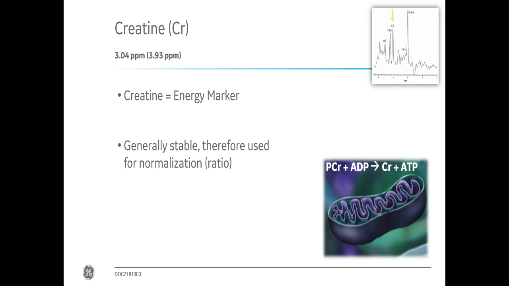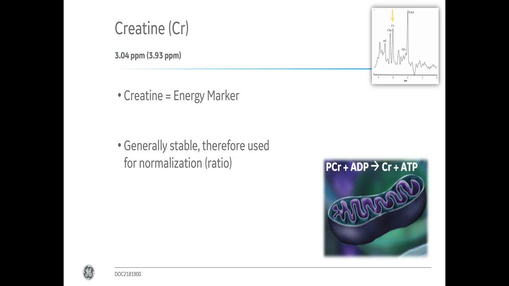So the next big marker is creatine at about 3 ppm. It's a fairly stable concentration within the brain. It is an energy marker, so it is part of the whole phosphocreatine, ADP, ATP metabolism within the mitochondria.